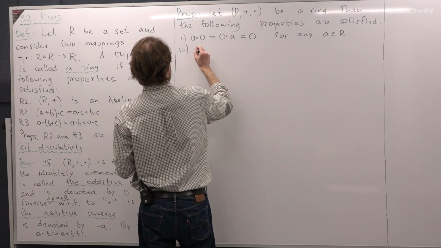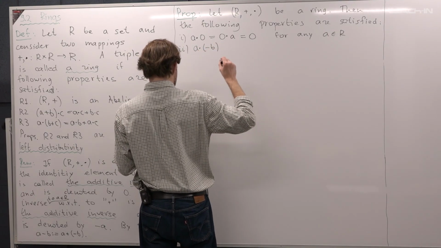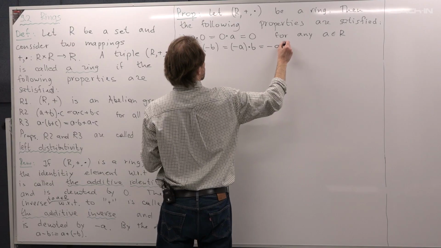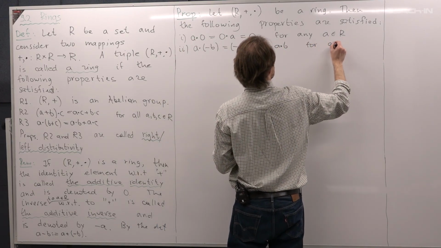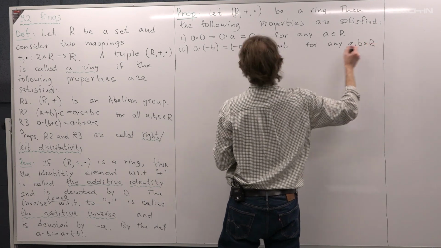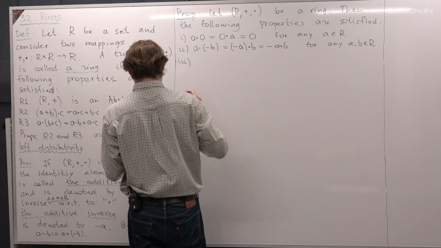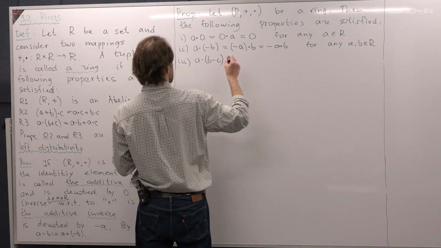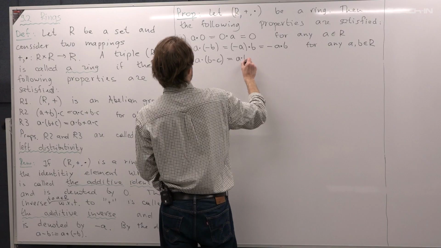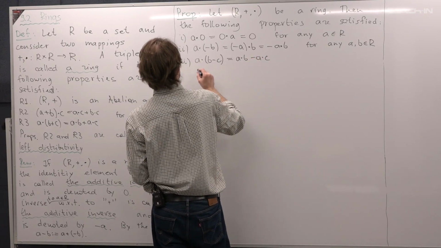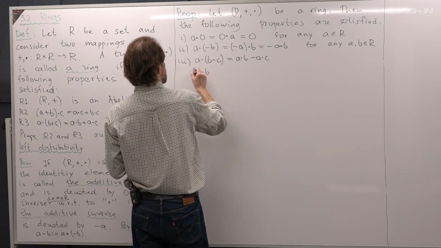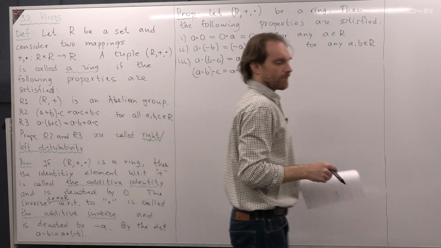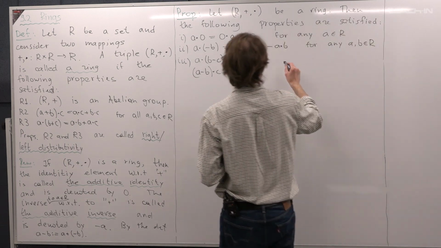Then a multiplied by minus b equals minus a multiplied by b, for any a, b from R. And the third property: a multiplied by (b minus c) equals a multiplied by b minus a multiplied by c, and similarly (a minus b) multiplied by c equals a multiplied by c minus b multiplied by c for all the elements from this ring.